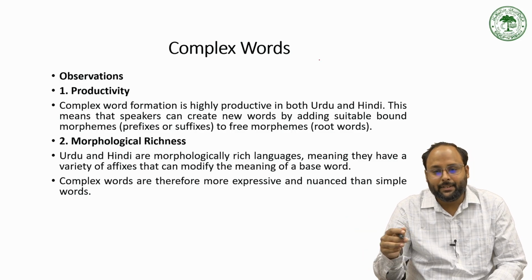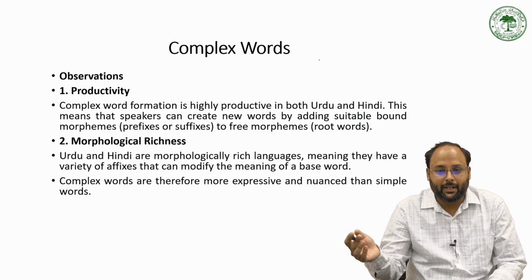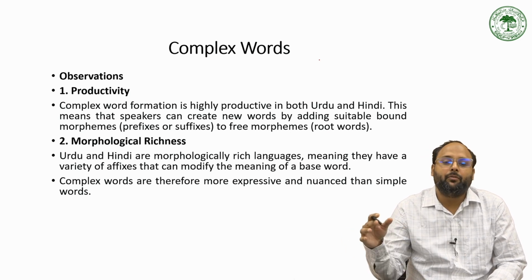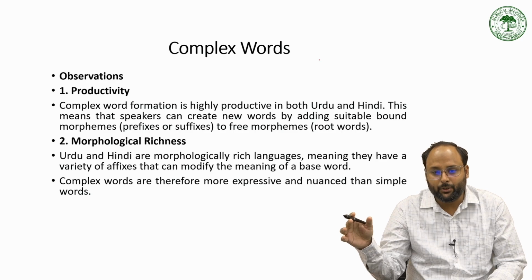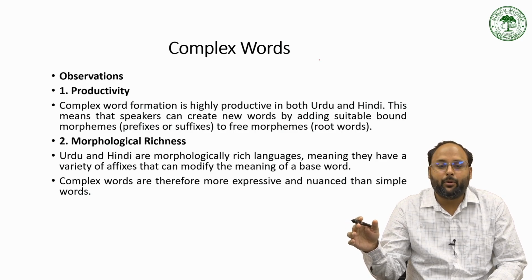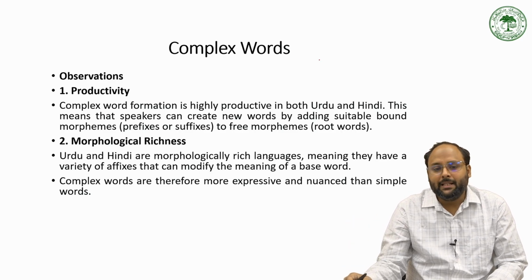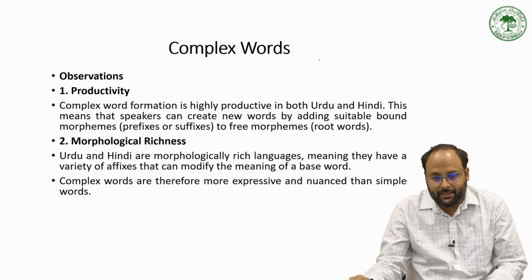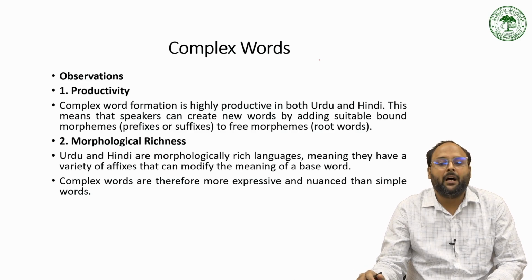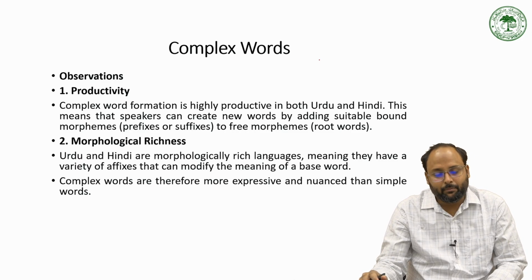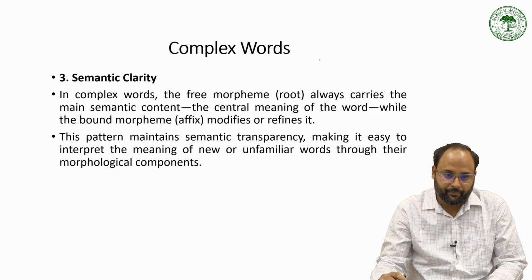And in suffixes you have mand, wala, e. By these suffixes you can create a number of complex words in Hindi Urdu. And the other thing is morphological richness: complex words are very rich in morphology, meaning you can create a number of words by the process of affixation, meaning prefixation and suffixation.